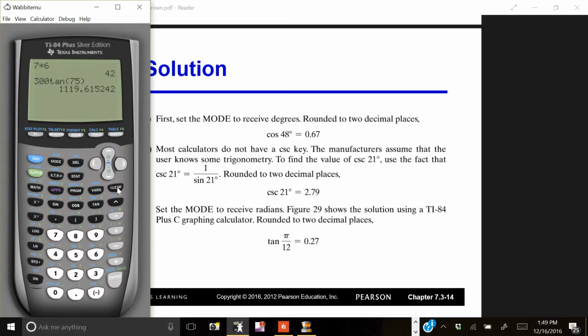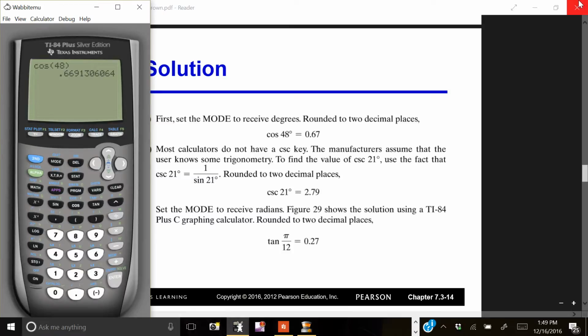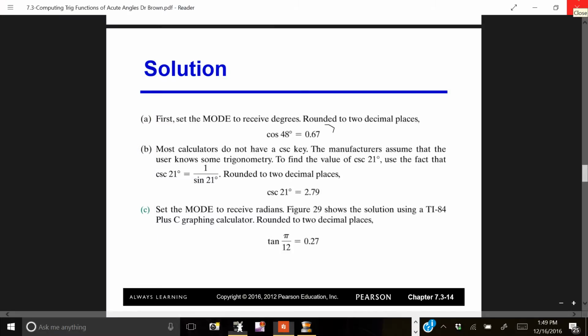We can clear it again if we want to. And type in cosine of 48 degrees. Hit enter, and notice we get 0.6691, which is rounded off to 0.67.